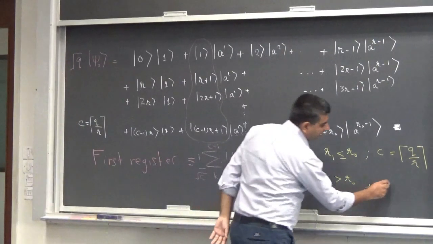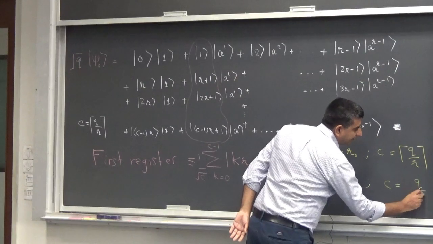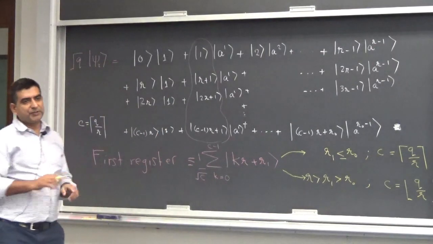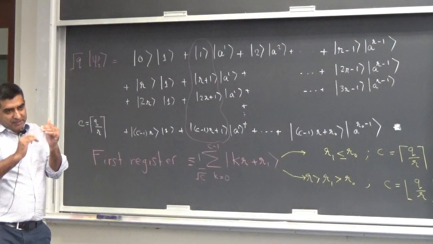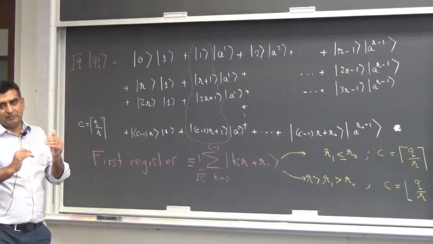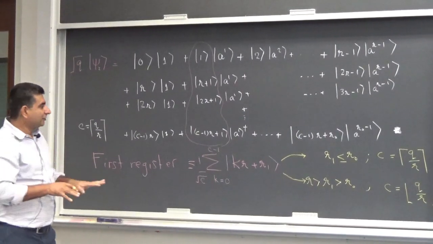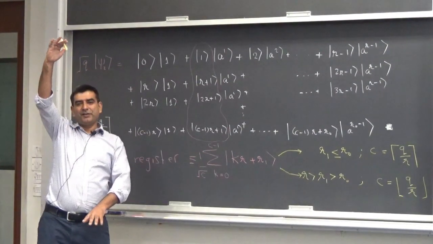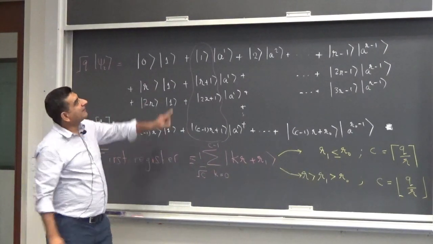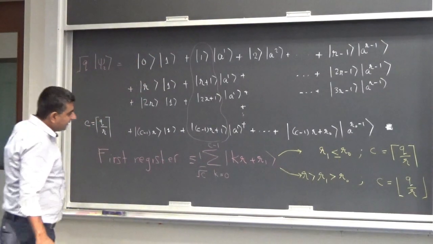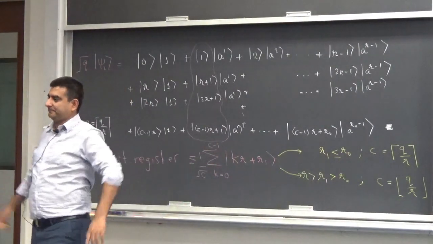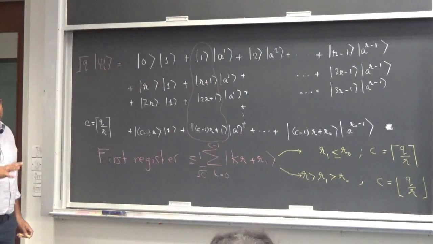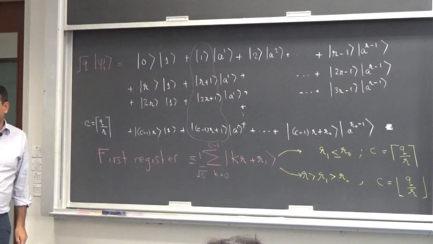So in that case, my c would be defined as the floor of q over r, which means the integer that is just lower than q over r. Alright? So this is how my variable k varies from 0 to an upper bound c minus 1. Now at this point, the first register, my state is a superposition of these states. So I give you 2 minutes to just think about this, because this is really important that you understand this, and then we'll do the final step in this algorithm.